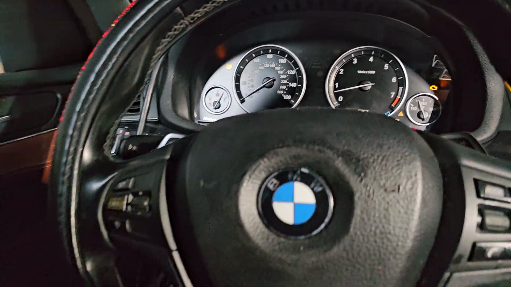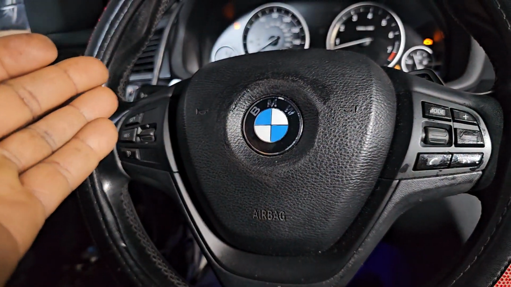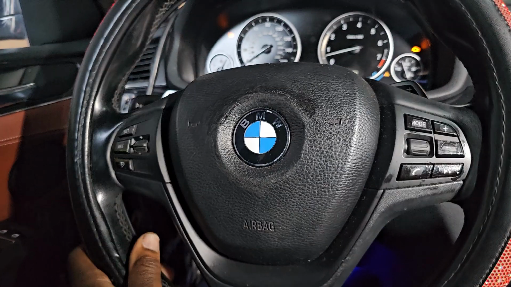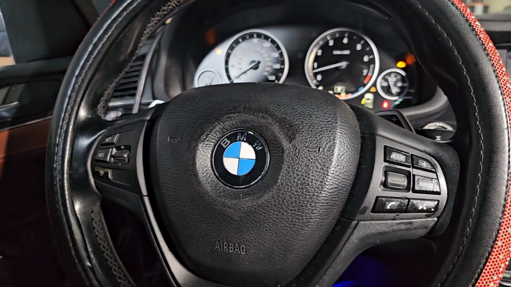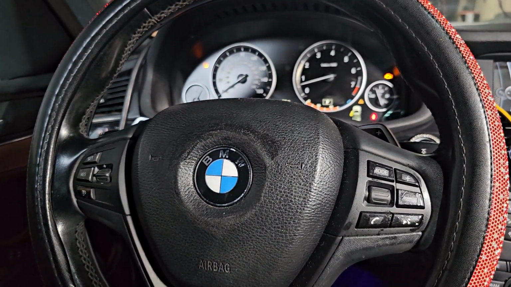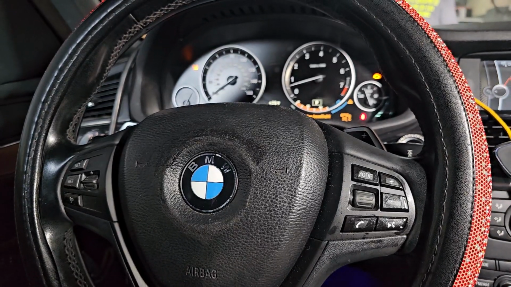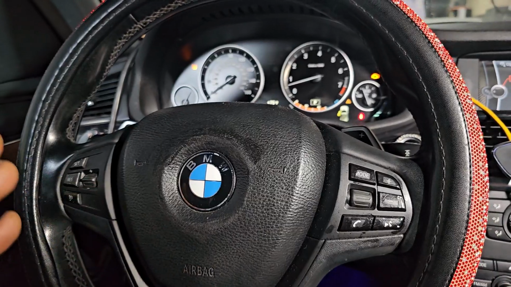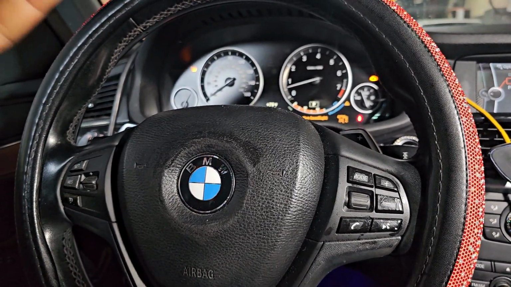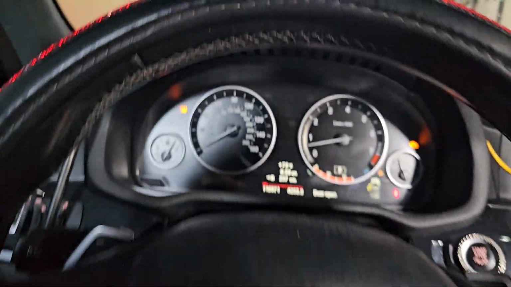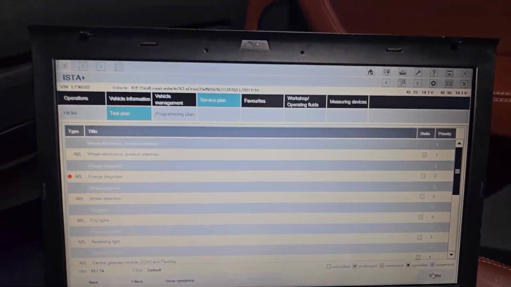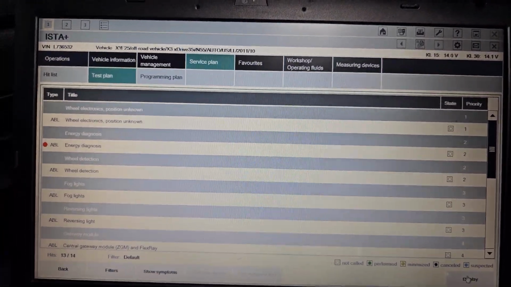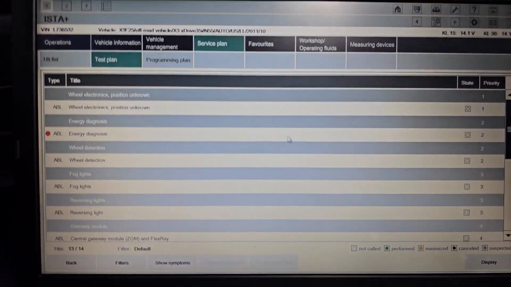So we may have to start looking at this place, maybe by smoke testing it for any leak, or as usual, it is only a matter of air coming in through other places. We cleared this code before and it came back again. We have the idea where it is and what we need to do, as you see.